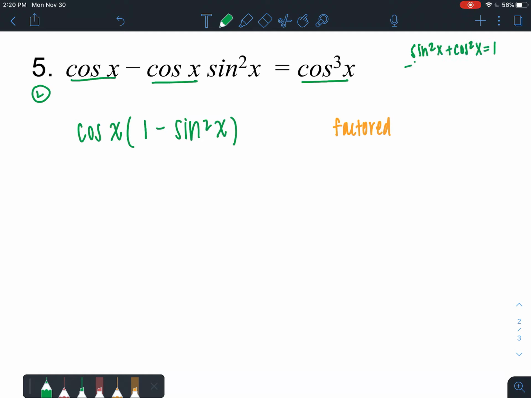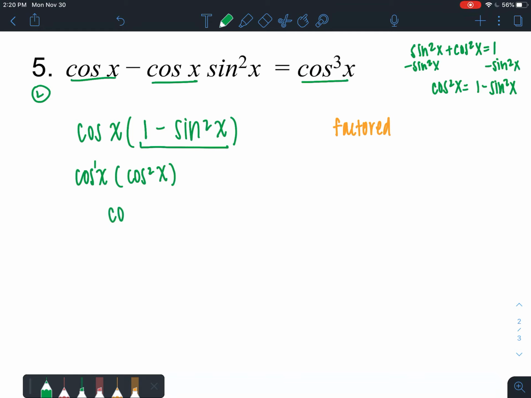If I subtract sine squared x from both sides, then cosine squared x is equal to 1 minus sine squared x. So this whole thing right here is equal to cosine squared x. And so then cosine x times cosine squared x, we add our exponents and get cosine to the third x, which is what we wanted.